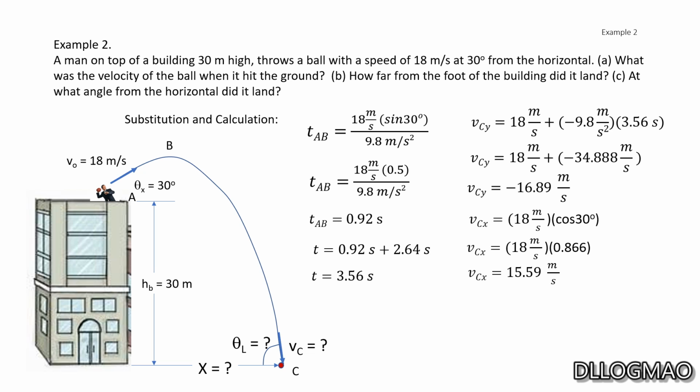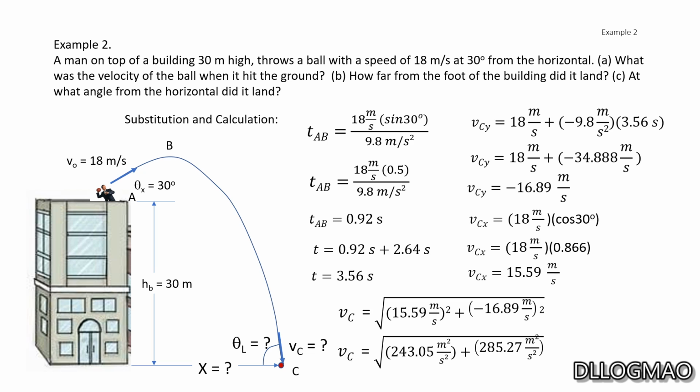The velocity sub c is equal to the square root of the square of the x component and the square of the y component. Performing the operations, the velocity when the ball hit the ground, v sub c, is equal to 22.99 meters per second.